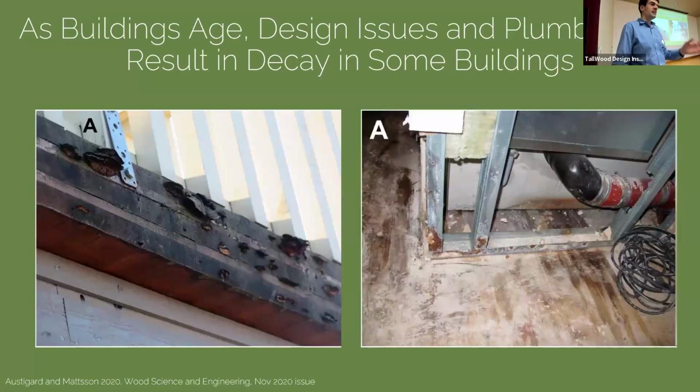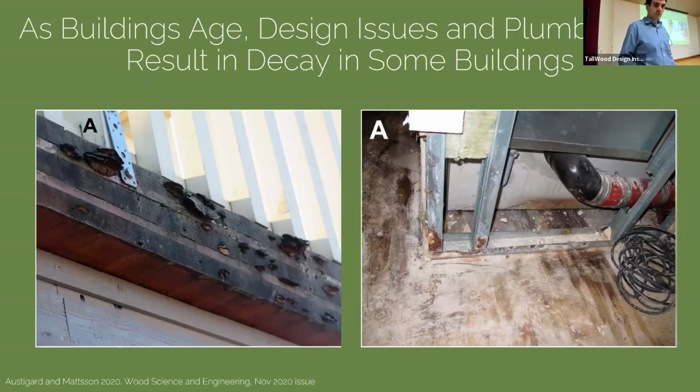On the left, you have examples of poor design: exposed mass timber elements that are subjected to moisture exposure and fungal decay, and some issues around plumbing. Buildings are all going to have plumbing, so some things are bound to go wrong at some point. So these panels are going to get wet at some point in their life cycle.